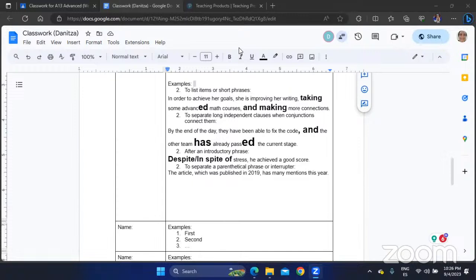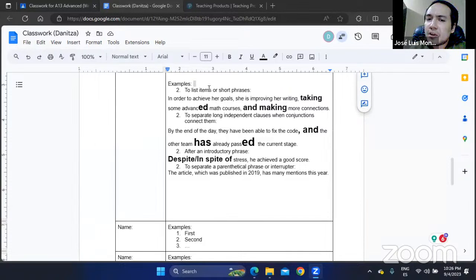Yes, and the second task is to color these examples. Exactly. Just highlighting. You can color the letters, the characters, or you can highlight them. One of two options. It's just coloring, using one color for all the introductory phrases that you have here, one for all the parenthetical phrases, one color for all the list of items, only where you have a list of items.